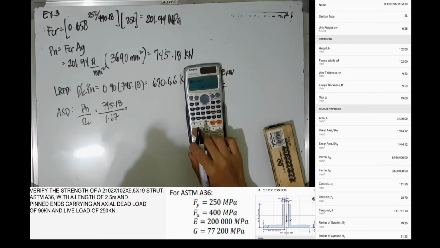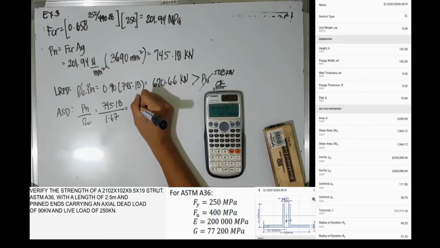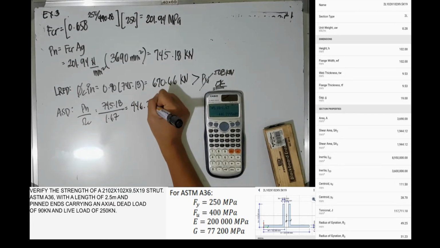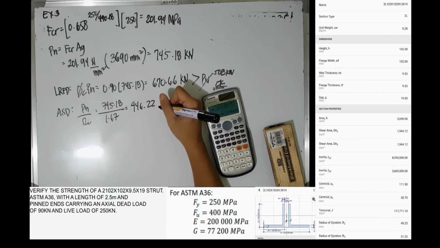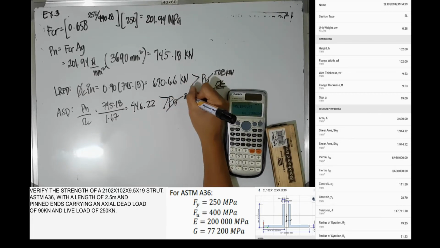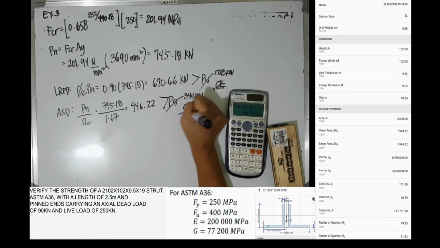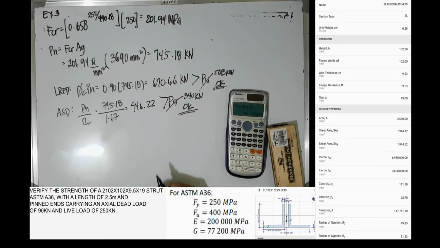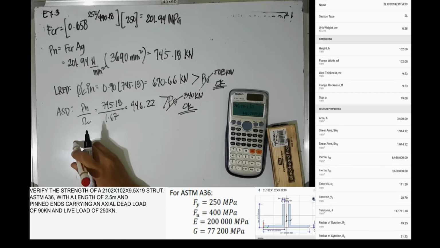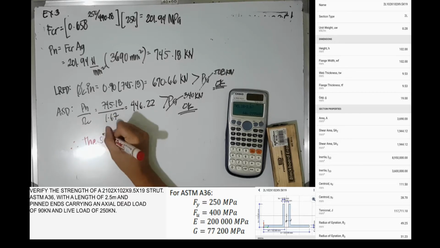So it is equal to 446.22 kilonewton, and it is larger than our Pa, which is only 340 kilonewton. So okay siya. So we can now conclude that the section is adequate.